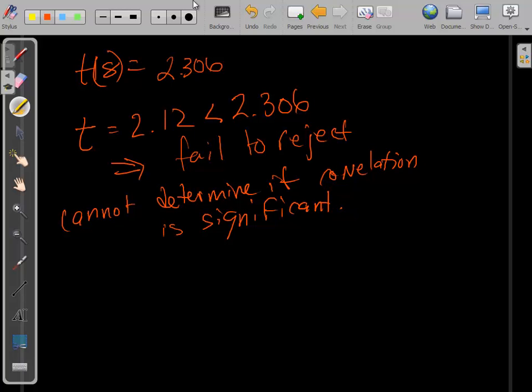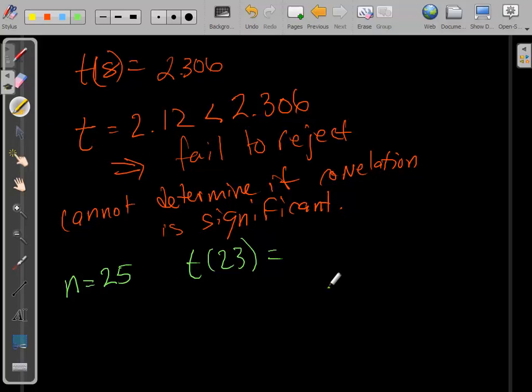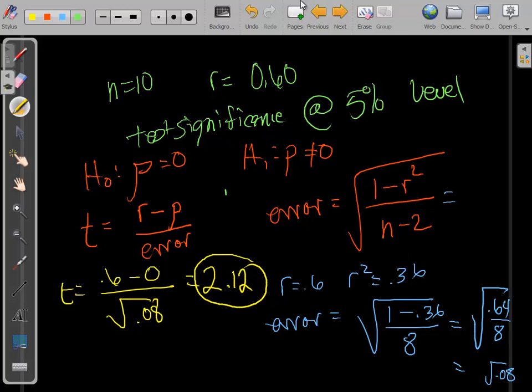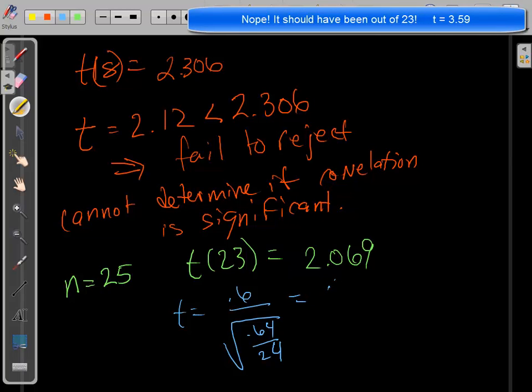Okay? But if we increase the sample size, the computation would be very, very similar. Let's say, I think the book gives it at 25. So if we increase the sample to 25, we're looking now at 23 degrees of freedom. The critical t is all the way over here, 2.069. Our t value would change a bit: it's going to be 0.6 divided by the square root of 0.64 out of 24, so that would be 0.6 out of 0.1633, which is 3.67.